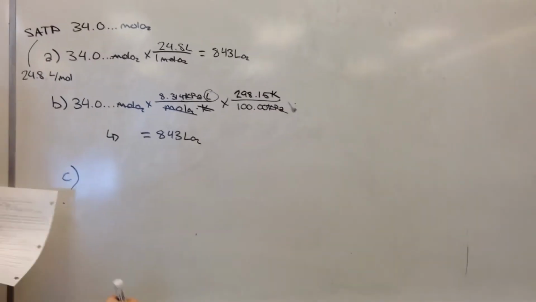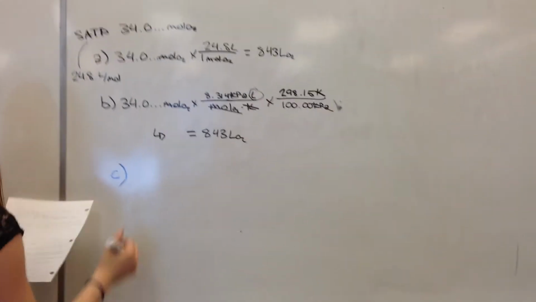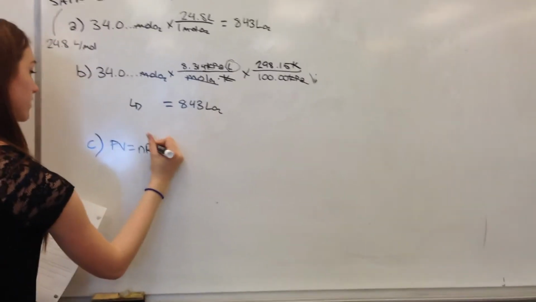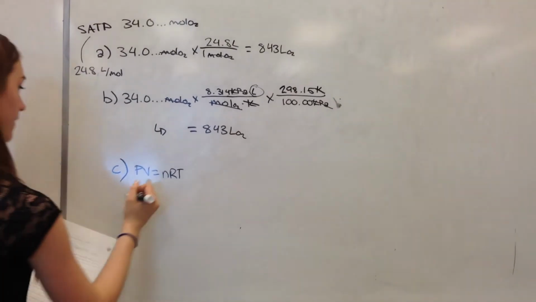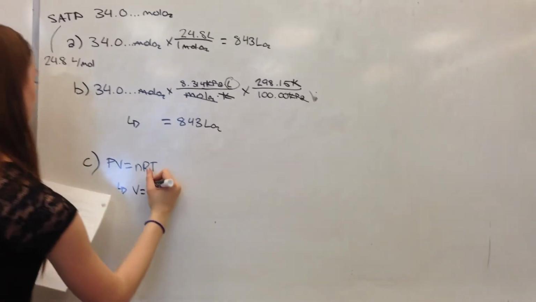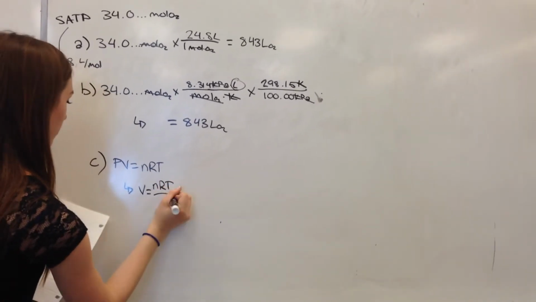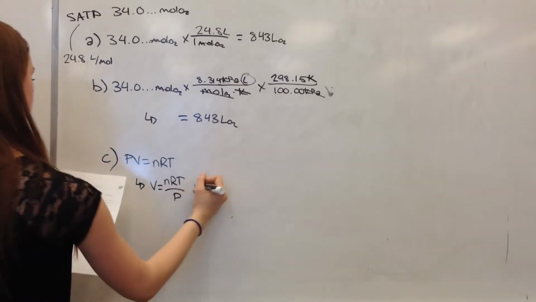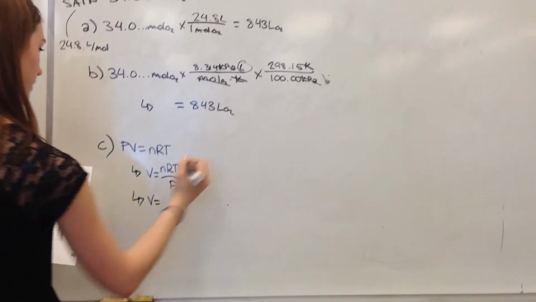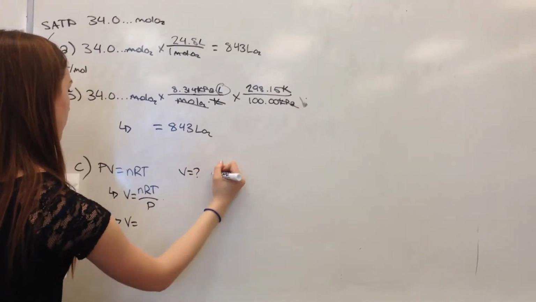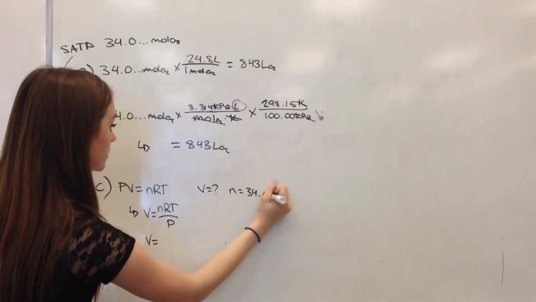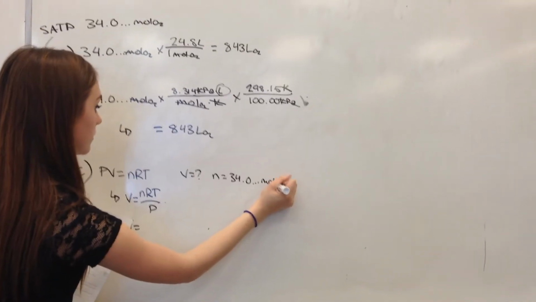Third way of doing it is just using the ideal gas law, which is pressure times volume equals number of moles times the ideal gas constant times temperature. So, to manipulate that formula to find the volume, it would be nRT over P. So then, we don't know what volume is, but we know the number of moles of oxygen, so we have 34.0 moles.